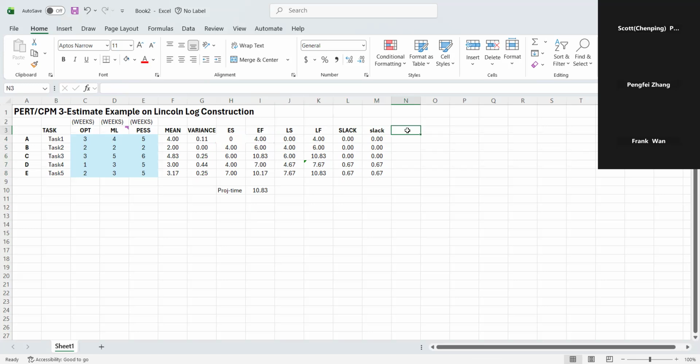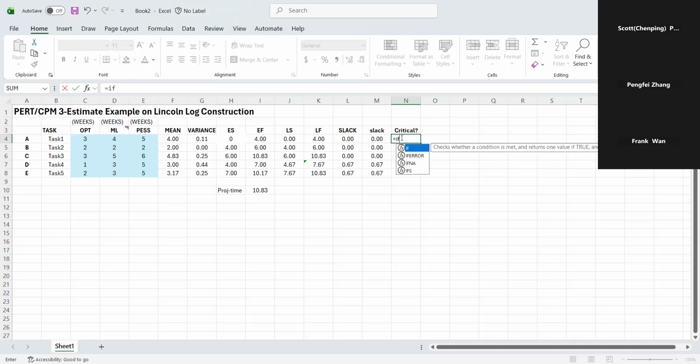And next, we want to find critical activity. Use an if statement. If the slack is 0, then we say yes, it's a critical activity.